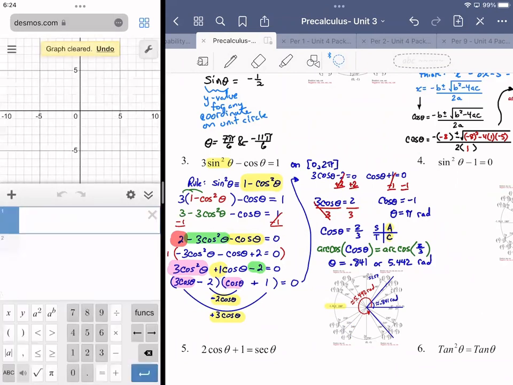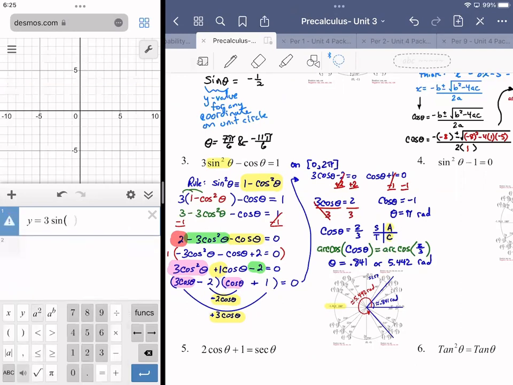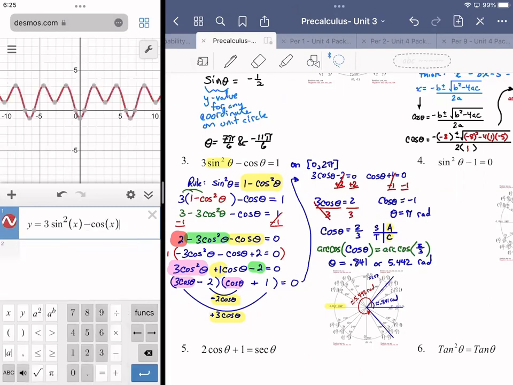New blank graph. I would type in y equals 3 times the sine squared of x minus cosine x, then y equals 1. Left side in as one equation, right side in as another.